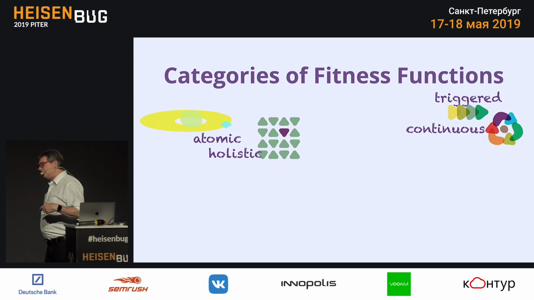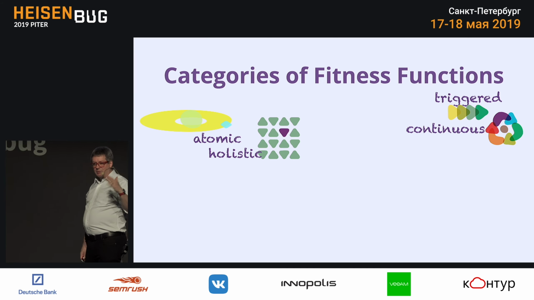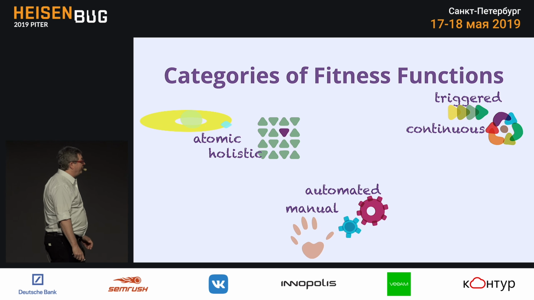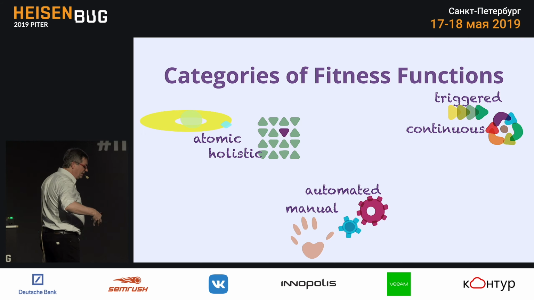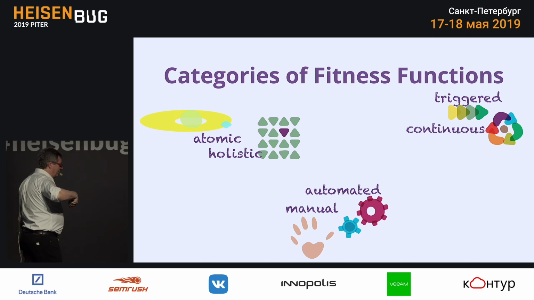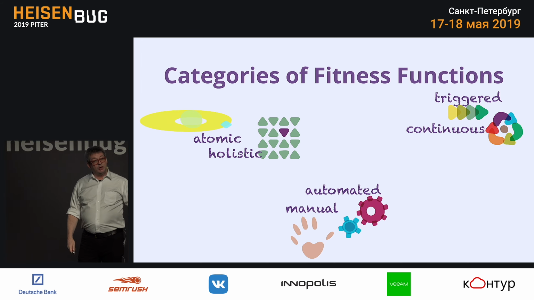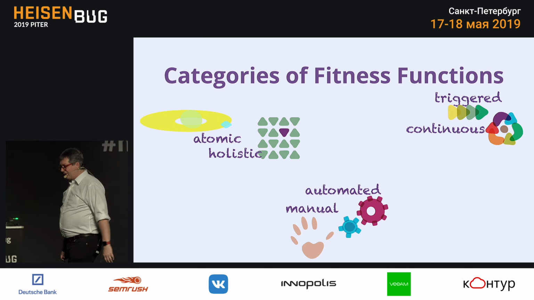Triggered fitness functions are run like unit tests, whereas continuous ones run as monitors and just run all the time within your ecosystem. We would prefer as many of these as possible to be automated, because that, of course, is the secret to having a lot of automated governance running in the background, so you don't have to think much about it. But we also realize that some of these will necessarily need to be manual as well.